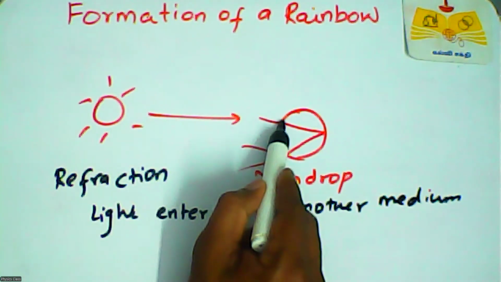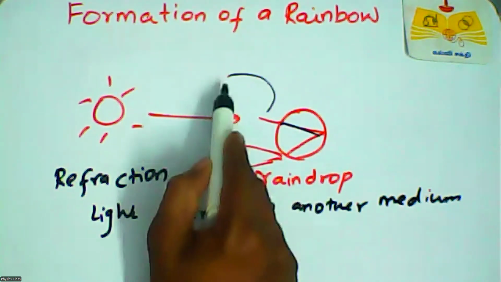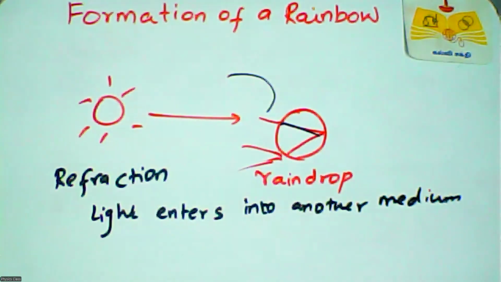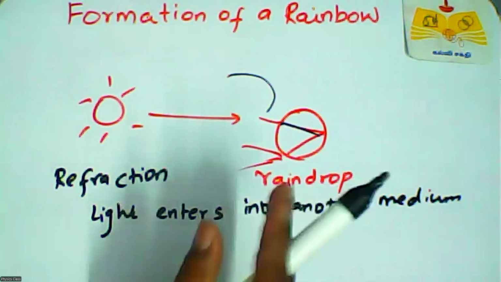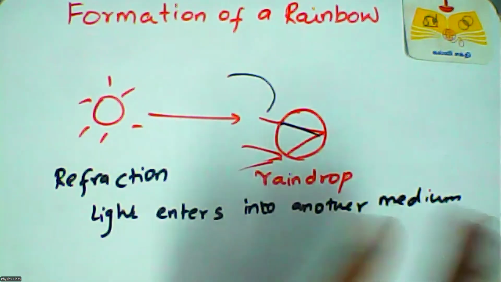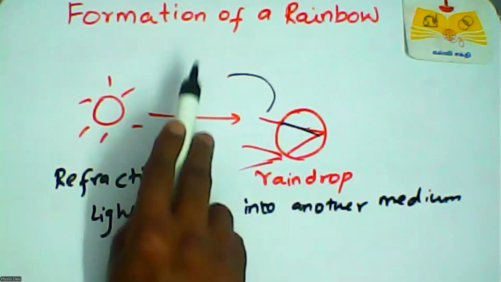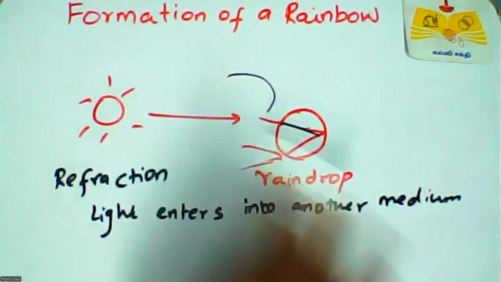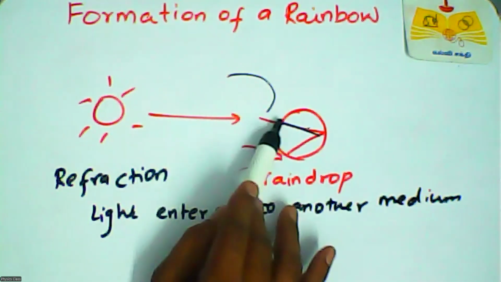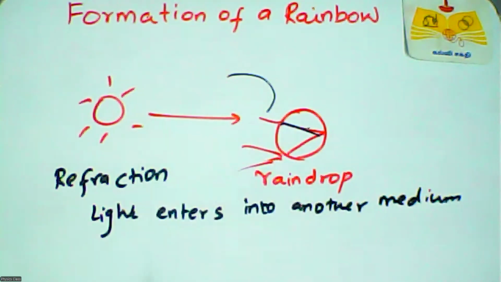It bends here, because the water has a refractive index. For air, the refractive index is 1, or vacuum. The water droplet is higher than air, about 1.33. So from medium to medium, light bends on that surface.